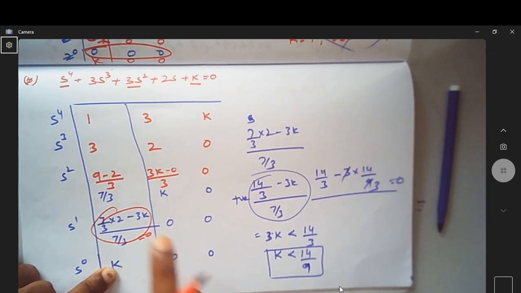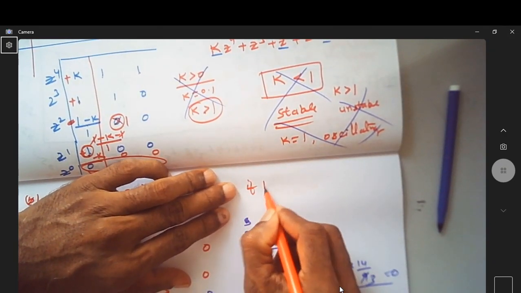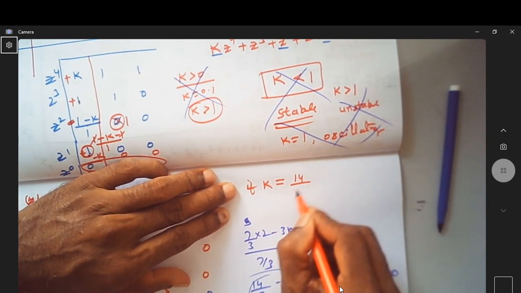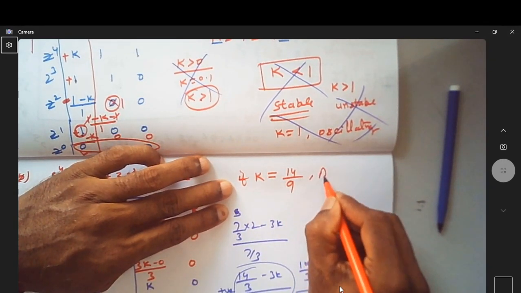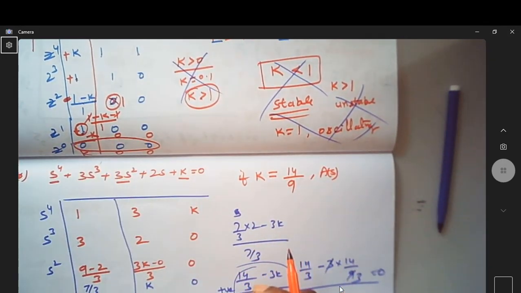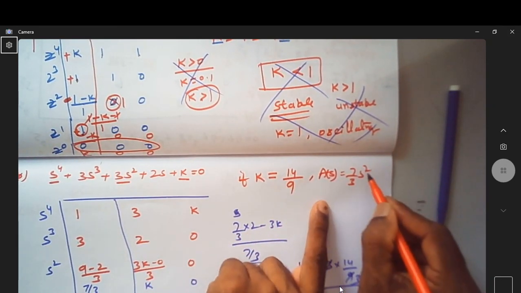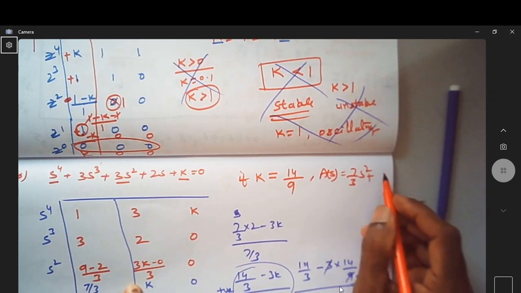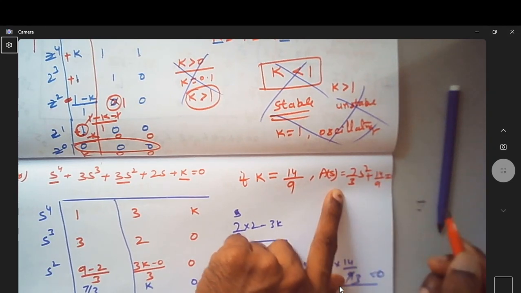That auxiliary equation is this. So what is the auxiliary equation? If k is equal to 14 by 9, you have an auxiliary equation which is nothing but 7 by 3 s square plus k, and this k is 14 by 9, equal to 0.